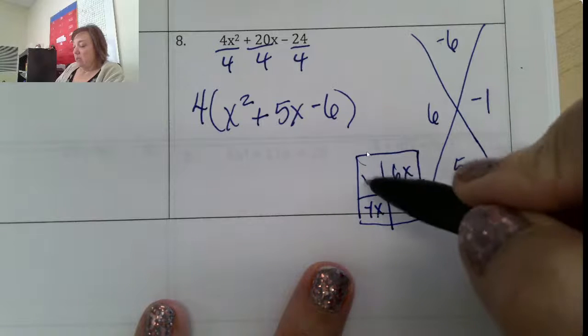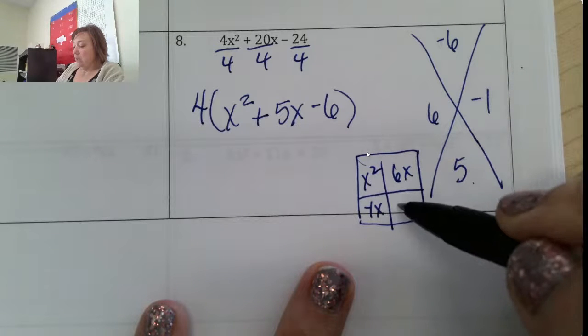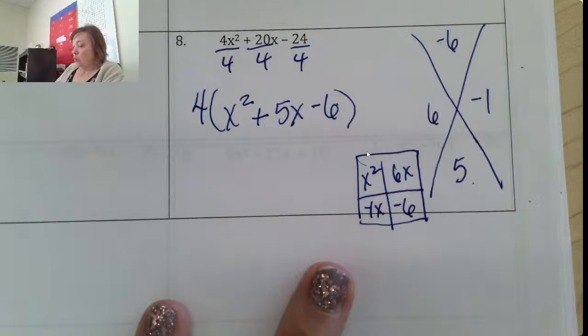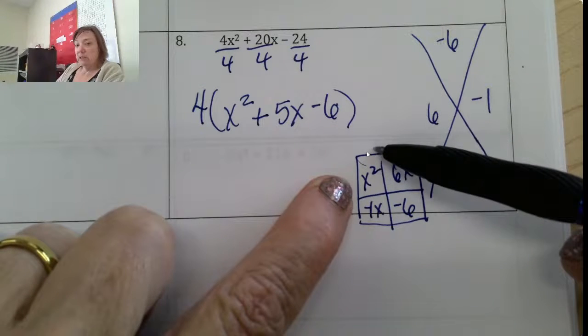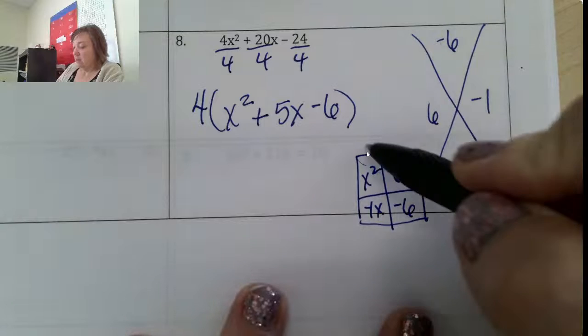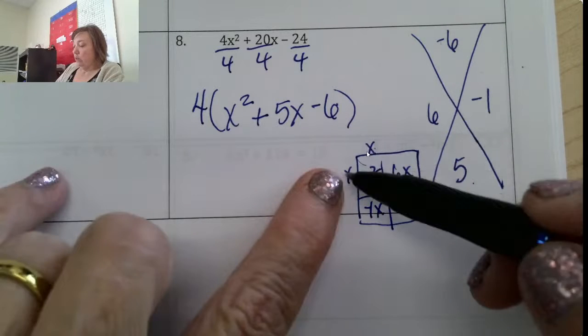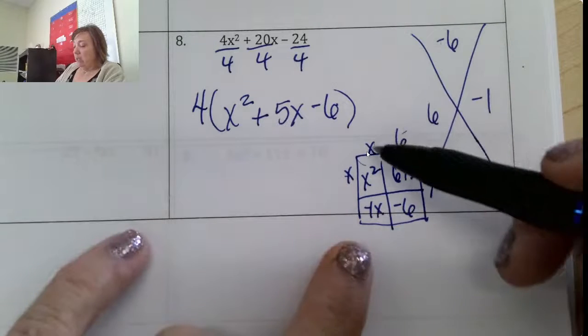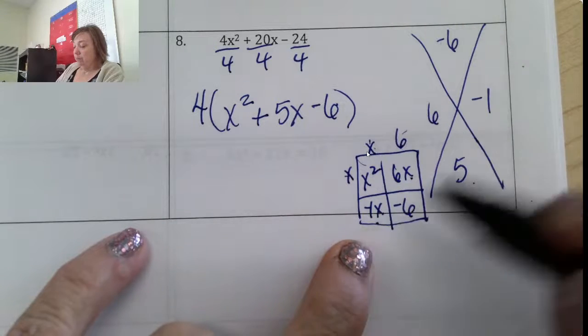This is going to give us our x squared. This is going to give us our -6. So what's multiplying to get our x squareds? X and x. And then what do we do to x to get 6x? What do we do to x to get -1?